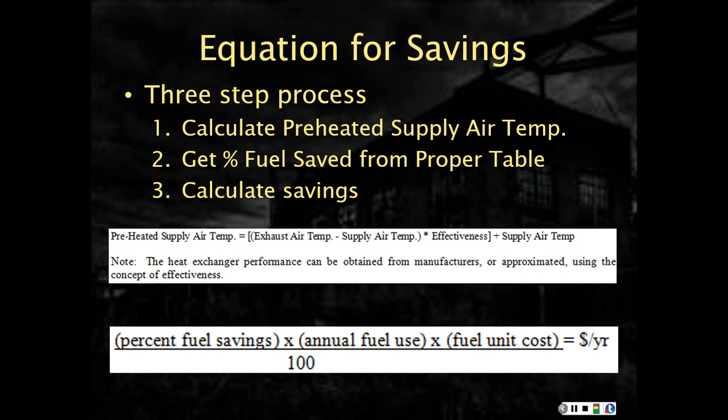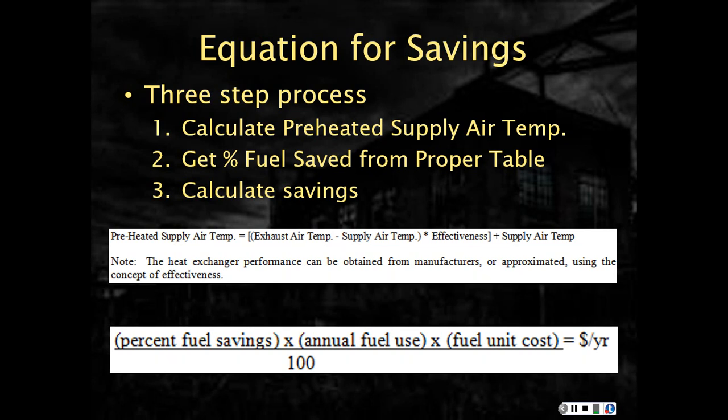Now, high temperature heat exchanger manufacturers are the ones that produce the effectiveness number, which is really the efficiency of the heat exchanger. The typical number used is about 55. So that's what we're going to be using in our example. But you can go to the heat exchanger manufacturer for these high temperature heat exchangers and get a precise number depending on your application.